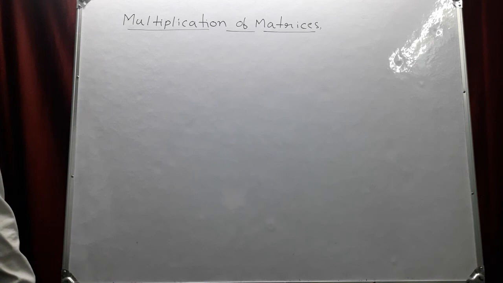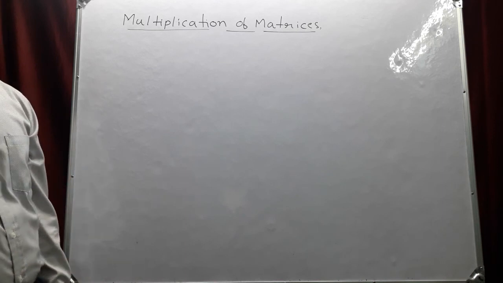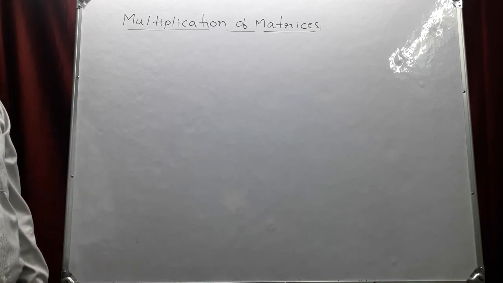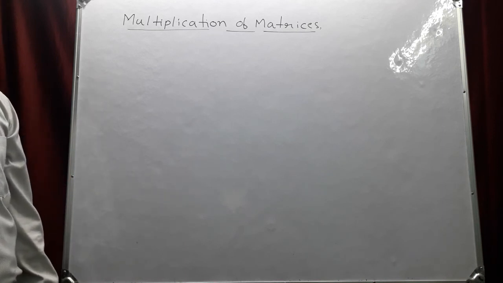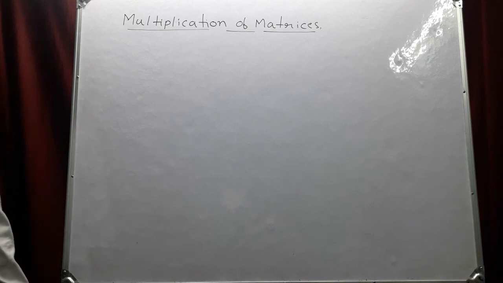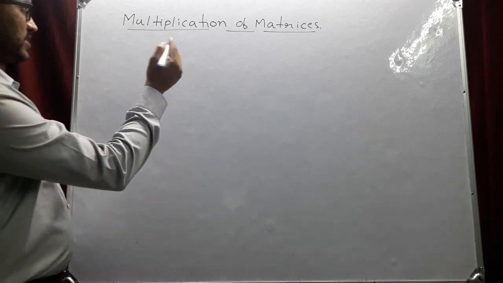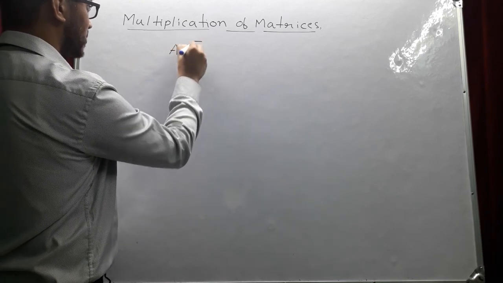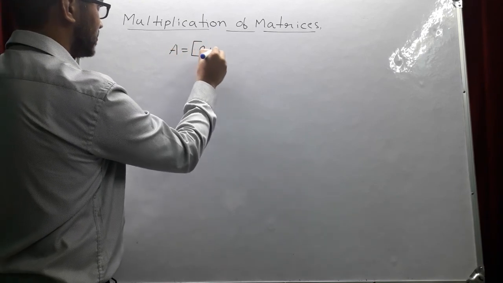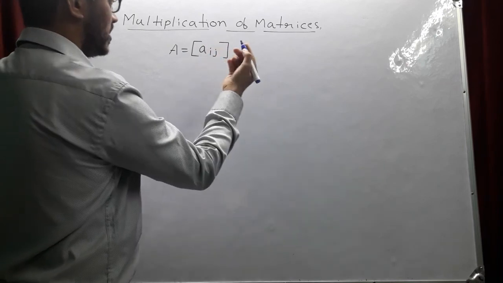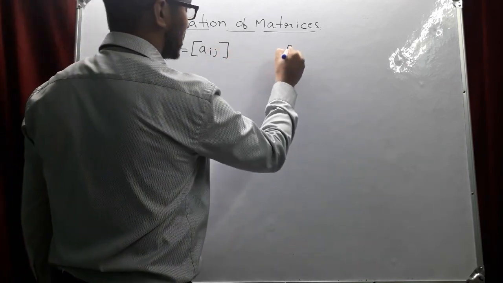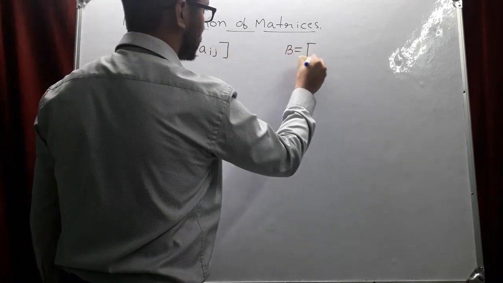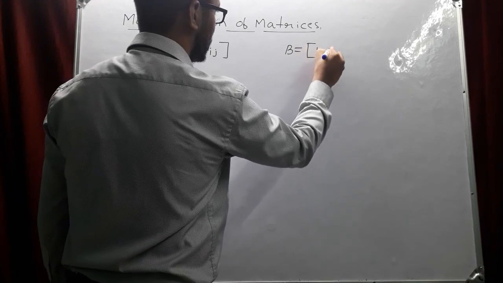Multiplication of two matrices is possible if the number of columns in the first matrix is equal to the number of rows in the second matrix. Suppose we consider two matrices, A equals Aij and B equals Bij.